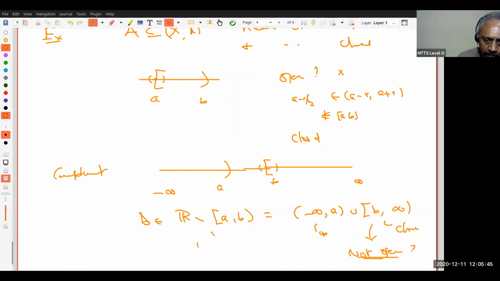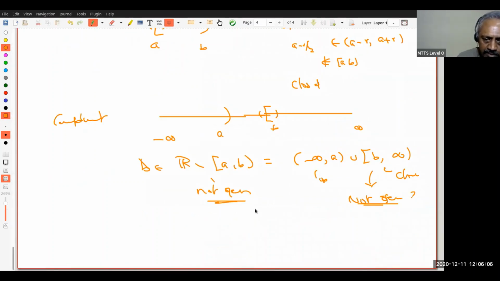So what I have to prove is that this is not open. You follow that? So start with this: b is a point of this set. It cannot be open. If it is open, then there is (b minus r, b plus r), but these points are not in this set. Okay. Please pause, review, proceed.